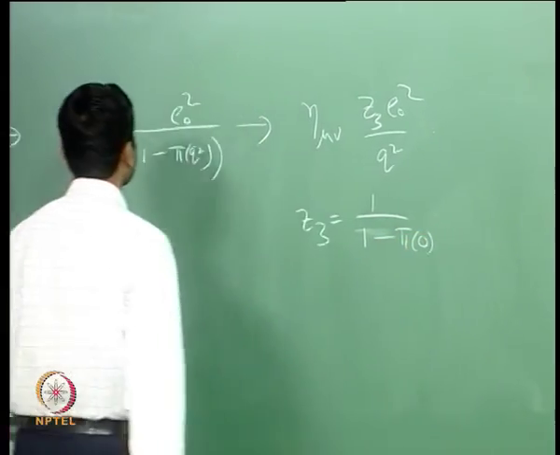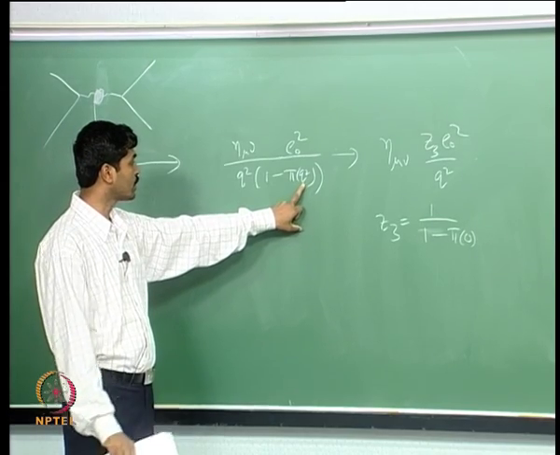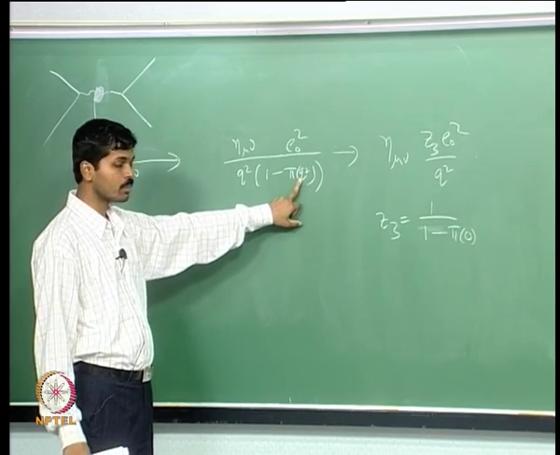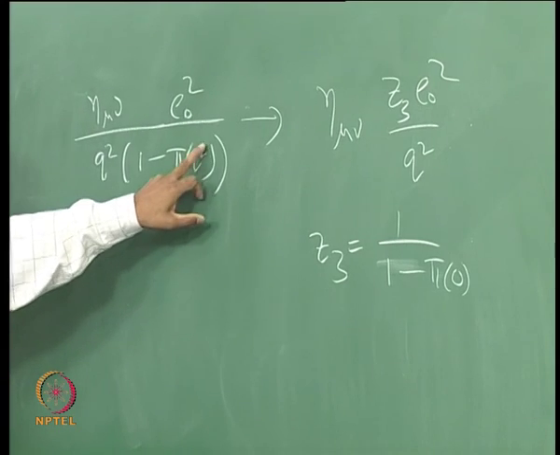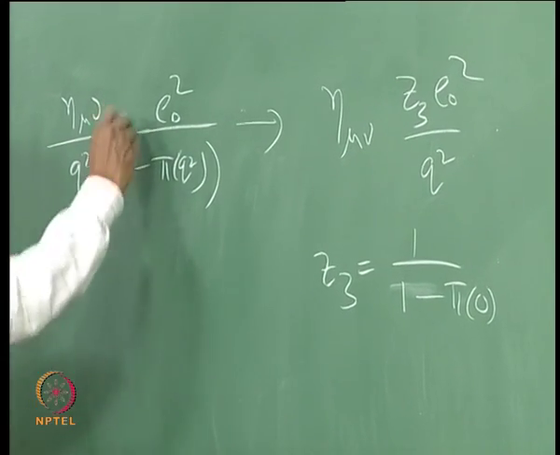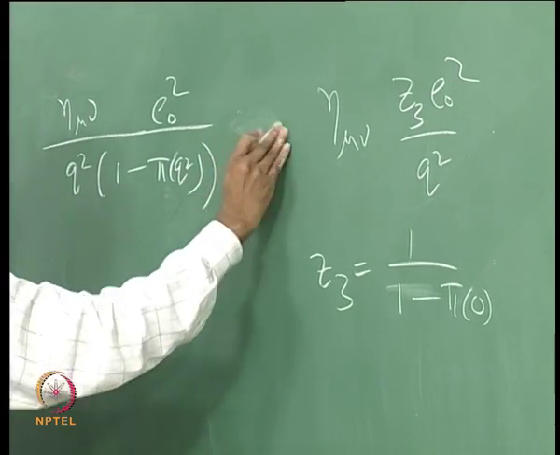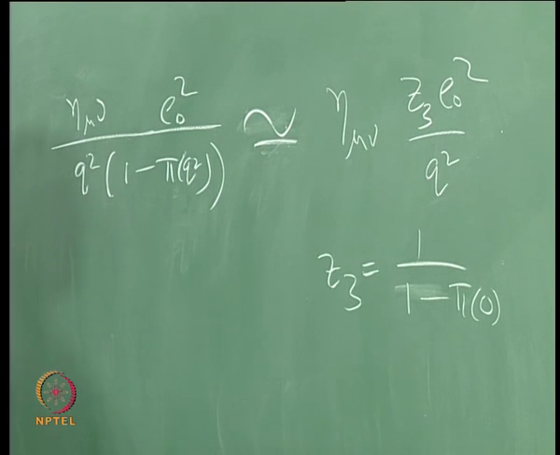So, suppose you are evaluating this near q squared equal to 0, then you can simply replace pi of q squared by pi of 0, and I will define Z3 to be 1 over 1 minus pi of 0. So, this quantity is nearly equal to this when q squared is small.